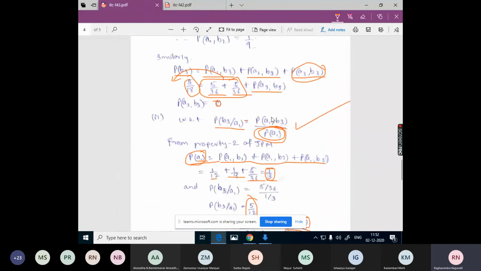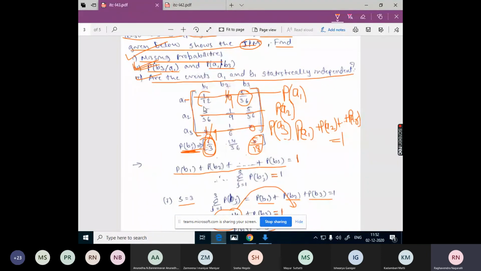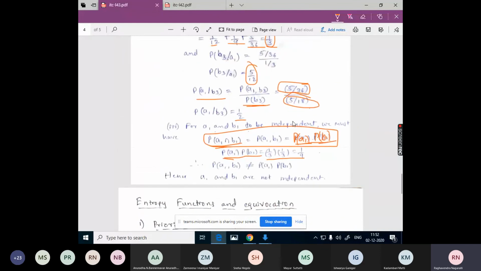P of A1 comma B1 is the first element, 1 by 12. So it is 1 by 12, which is not equal to 1 by 9. Here we have 1 by 12 and here we have 1 by 9, which are not equal, so these two are not independent.